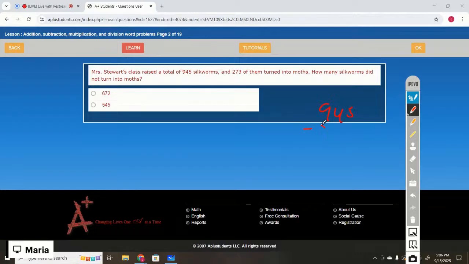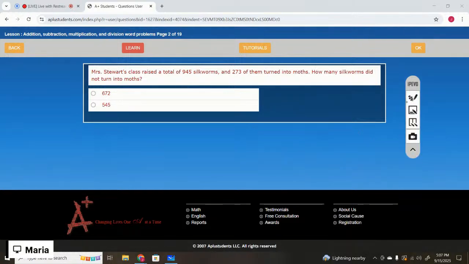So 495 minus 273. 5 minus 3 is 2. You need to borrow 1. So 14 take away 7 is 7, and 6. So the ones that did not turn into moths are 672. That option is the correct option.